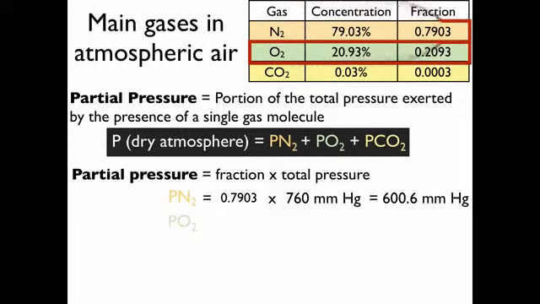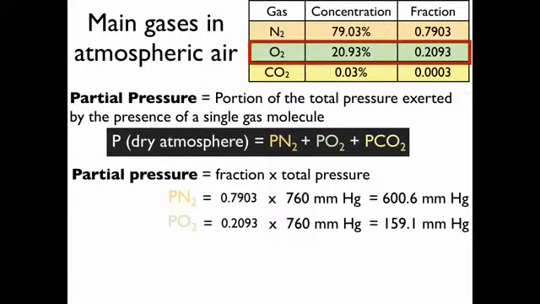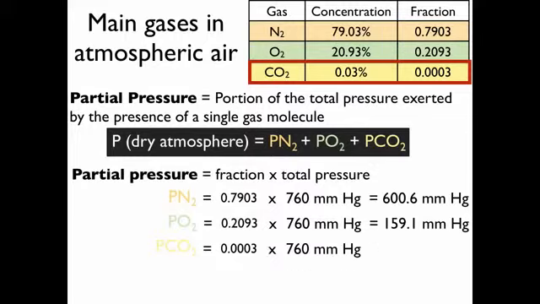For oxygen, we're going to take its fraction, which is 0.2093, multiply it by total pressure, and we get about 159.1 millimeters of mercury. And finally, for carbon dioxide, we're going to take its fraction, 0.0003, multiply it by total pressure, and get about 0.3 millimeters of mercury being its partial pressure.